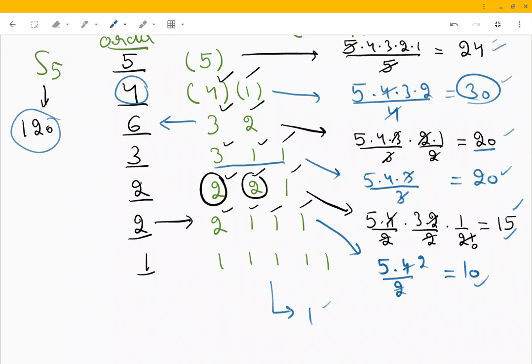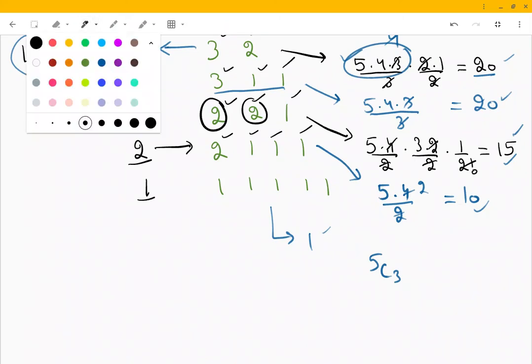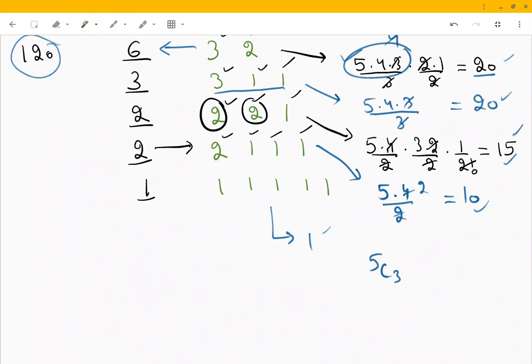Now, I said I would explain this. There's nothing to explain actually. We select 3 first, 5C3.